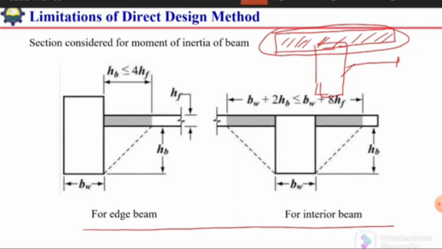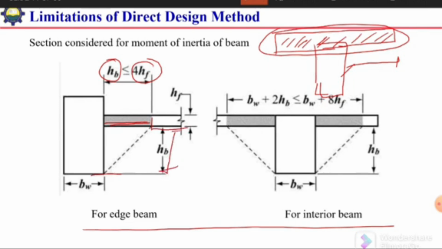For edge beam, this projection or this part of the slab should be the smaller of HB or 4 times HF. So what is HB? HB is the distance between the soffit of the slab and the soffit of the beam.